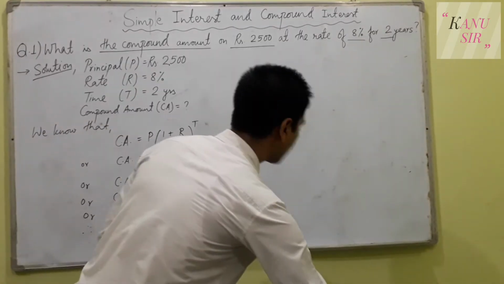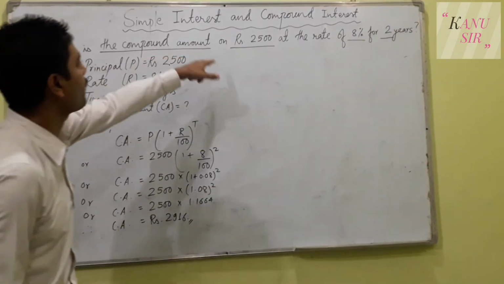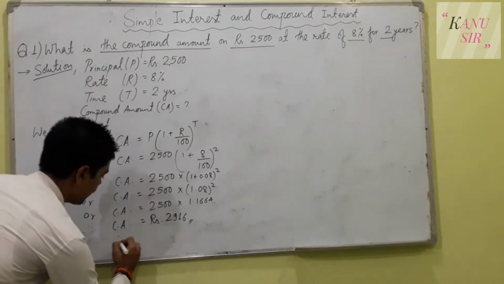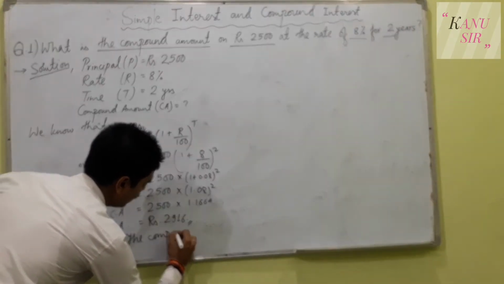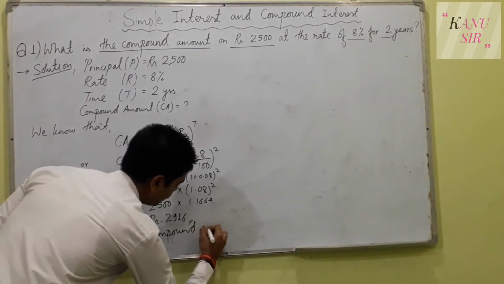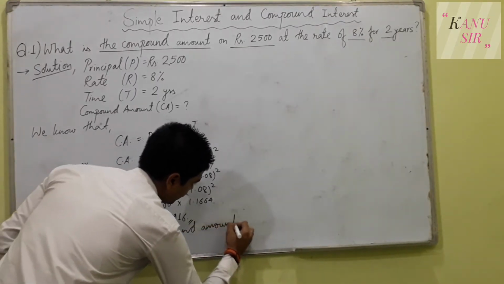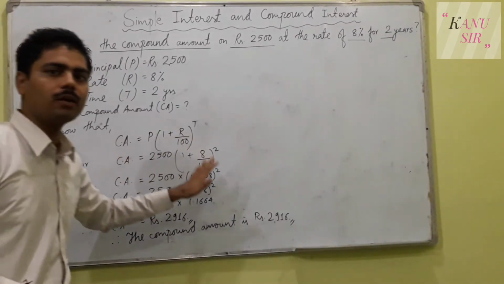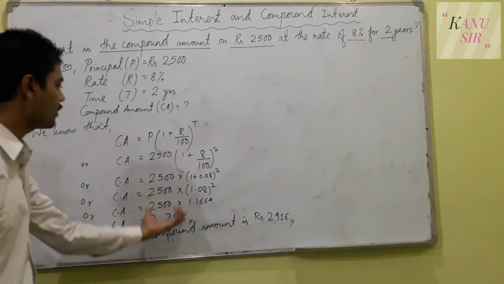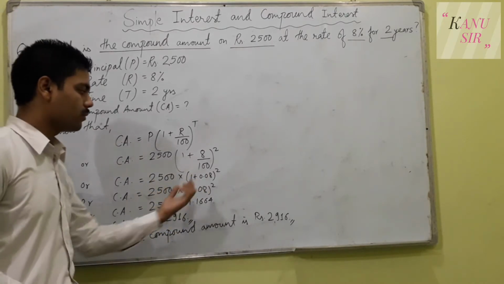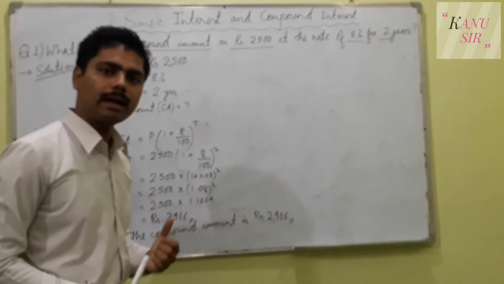And since the compound amount is asked in the question, therefore the compound amount is rupees 2,916. So this question is not difficult, it is simple, you just have to use the formula and a simple technique of multiplication and squaring, which you can do with the help of your calculator.